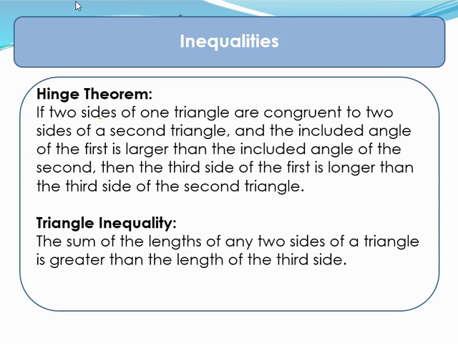Just know in your head that a smaller angle opposite a side means that side is going to be smaller than a side opposite a larger angle. Triangle inequality: the sum of the lengths of any two sides of a triangle is greater than the length of the third side.